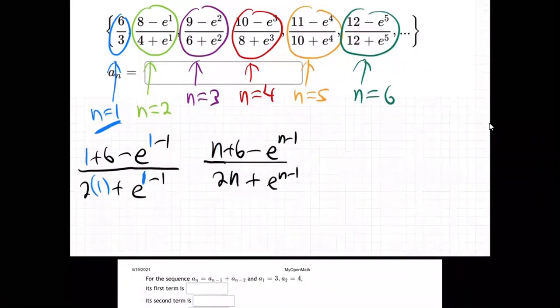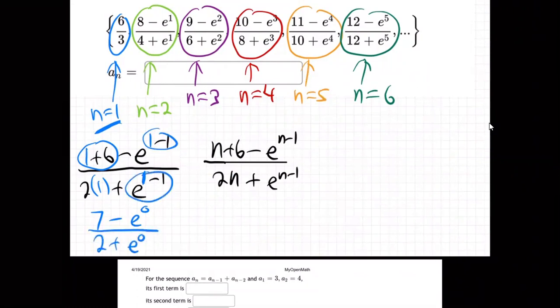Okay, let's work that out. What do we get? 6 and 1 is 7 minus e to the 0, right? 1 minus 1 is 0, over 2 times 1 is 2, plus e to the 0. Now the question is, do you remember what e to the 0 is? Or anything to the 0.